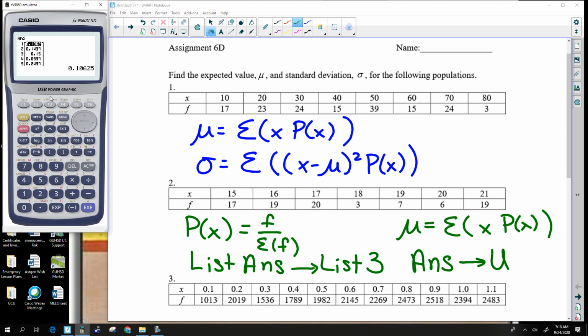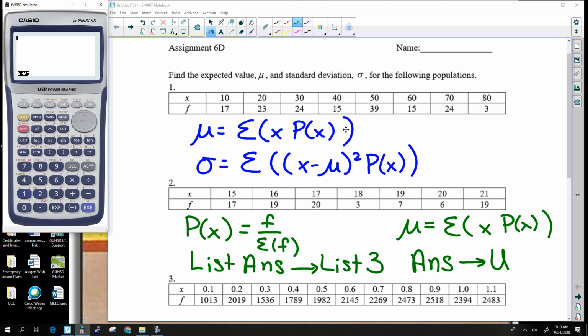This list is the individual probabilities. So again, we're going to take this list answer and store it, with this little arrow button, as list 3. So again, if I take a look at my stats screen, I created this list 3 automatically with the individual probabilities of 10, 20, 30, 40, 50, et cetera. All right, so I have p of x.